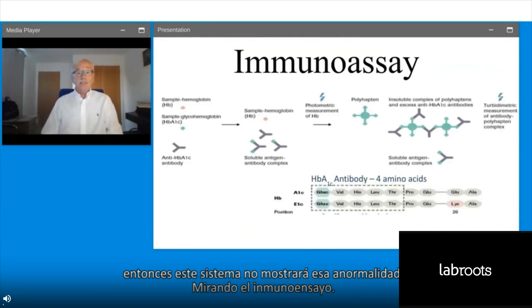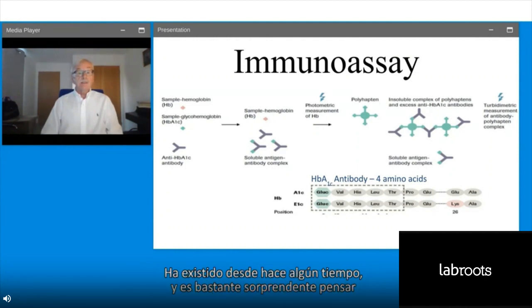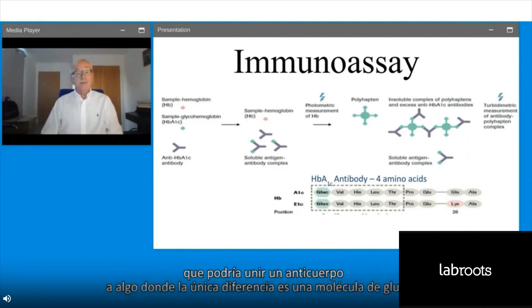Then there is immunoassay. Immunoassay is a system which detects the glucose bound to 2, 3, or 4 amino acids. It's been around for some time now, and it's quite amazing to think that you could raise an antibody to something where the only difference is the glucose moiety.